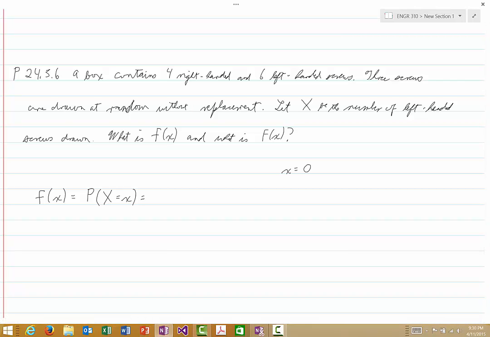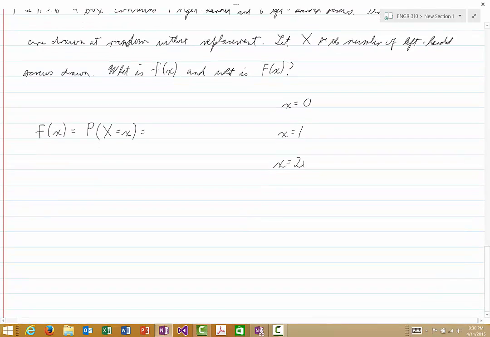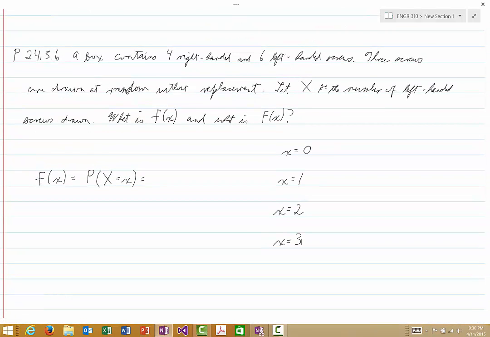And then the next possible value for the number of left-handed screws drawn would be 1. The next would be 2. Now remember, we are drawing 3 screws at random without replacement. And so the last value that we have to consider is 3. Those are the only 4 possible values that the random variable capital X could have. We could get 0 left-handed screws, we could get 1, we could get 2, or we could get 3. Those are the only possibilities.